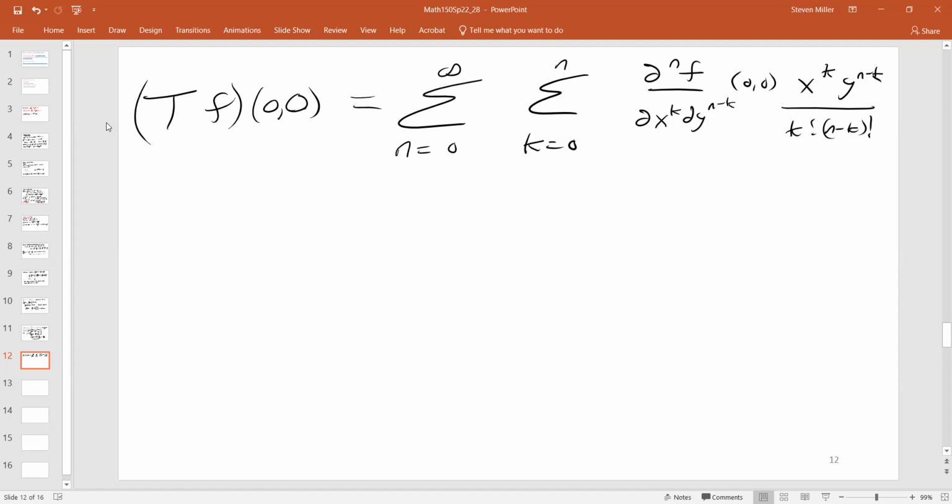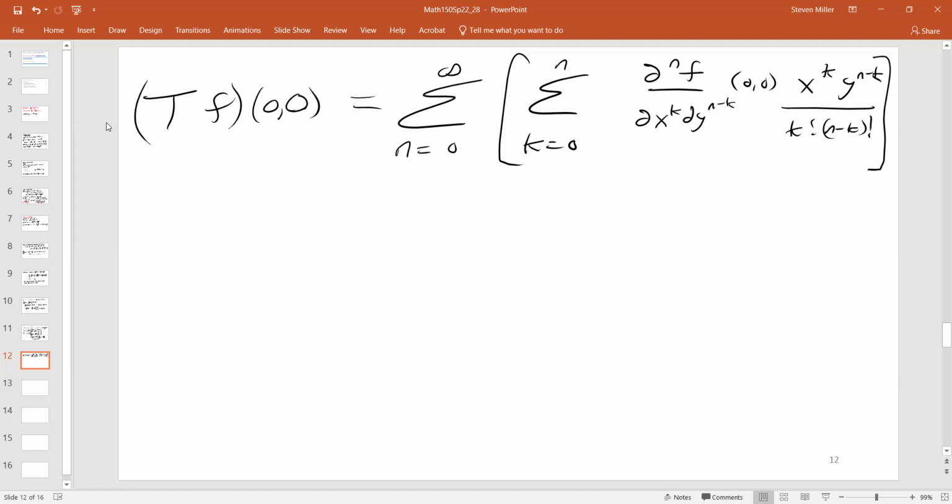So what I'm saying is, I'm going to expand it, and each one of these is going to be all the terms of degree n. So I'm going to collect all the times I do exactly n derivatives. And if I want exactly n derivatives, if I take k derivatives with respect to x, I've got to take n minus k derivatives with respect to y.